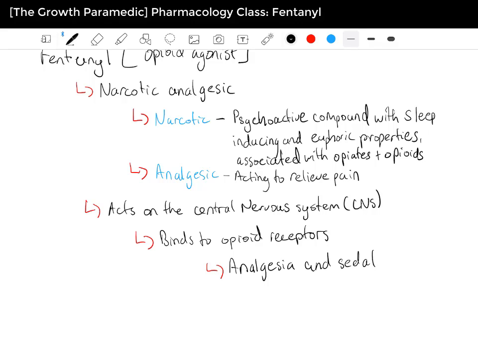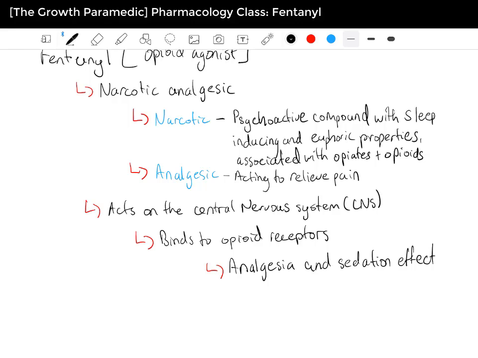So in the pre-hospital setting, it has two primary usages, and that is for sedation and for pain management. Normally, if you're going to sedate a patient, we'll lean more to midazolam or droperidol, but in other cases, it can be used for that if you need it.